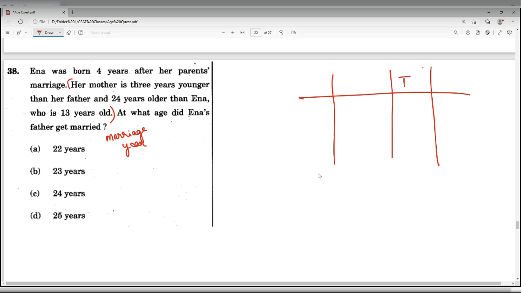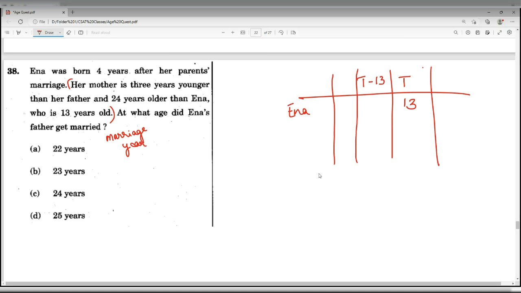And what they're saying here is, who is 13 years old. After writing Ina, they have written a comma and said who is 13 years old. So Ina is 13 years old today. So she was born 13 years ago. So this becomes T minus 13.